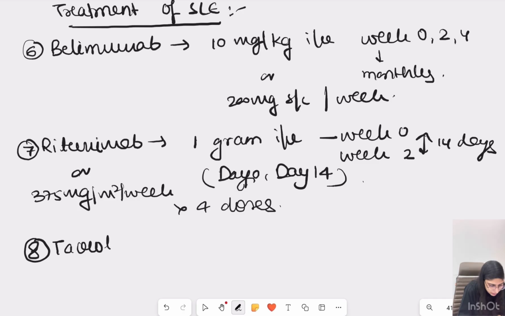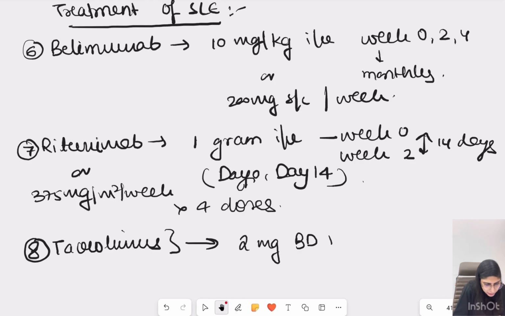And then the last one is tacrolimus. Now, tacrolimus is something we give to transplant patients in order to avoid graft rejection. But here we can use it if the SLE is refractory and progressing despite all the other measures. It is an oral medication, 2 milligram twice a day. It acts on mTOR pathway.